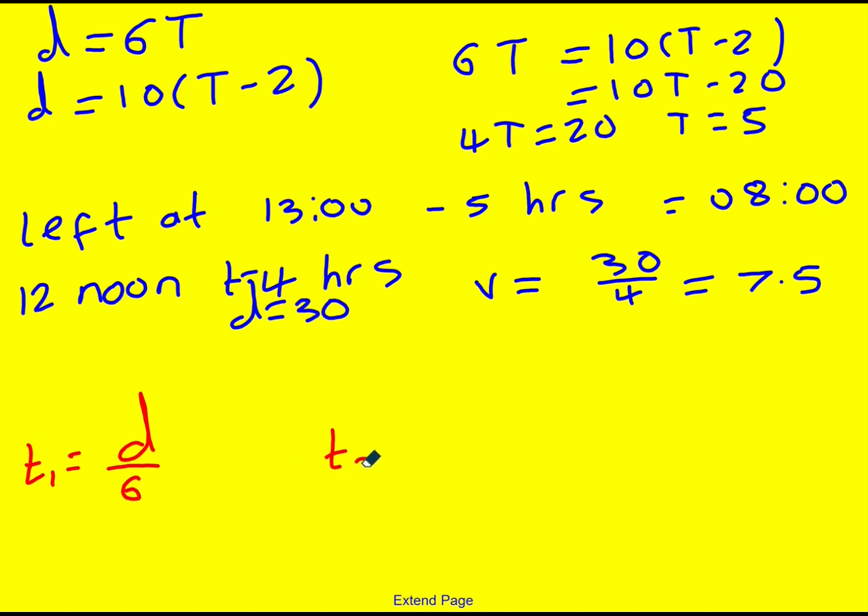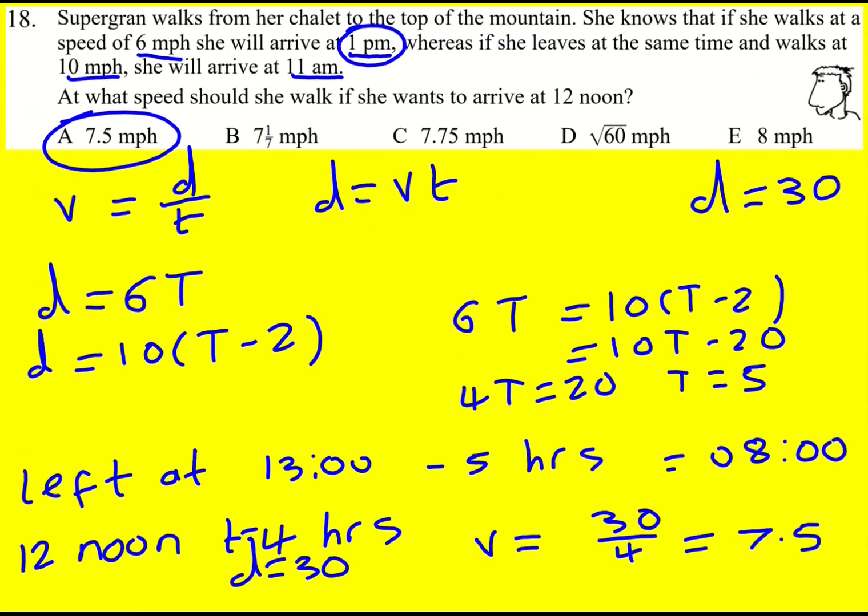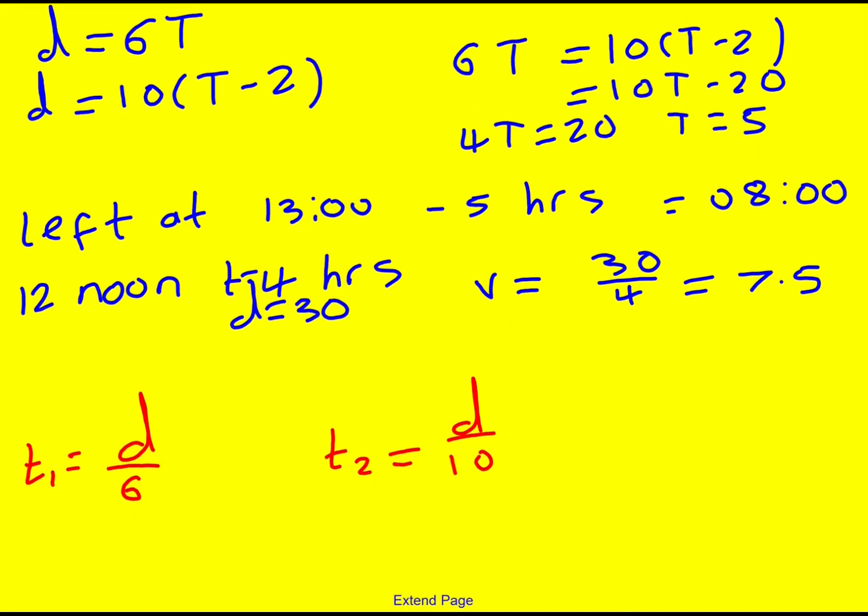And the time taken when going 10 miles an hour is going to be d divided by 10. Whilst we don't know what those are, we can see that the difference in them is going to be 2 hours. So d over 6 minus d over 10, that's my difference, and d over 6 is going to be larger, will equal 2.